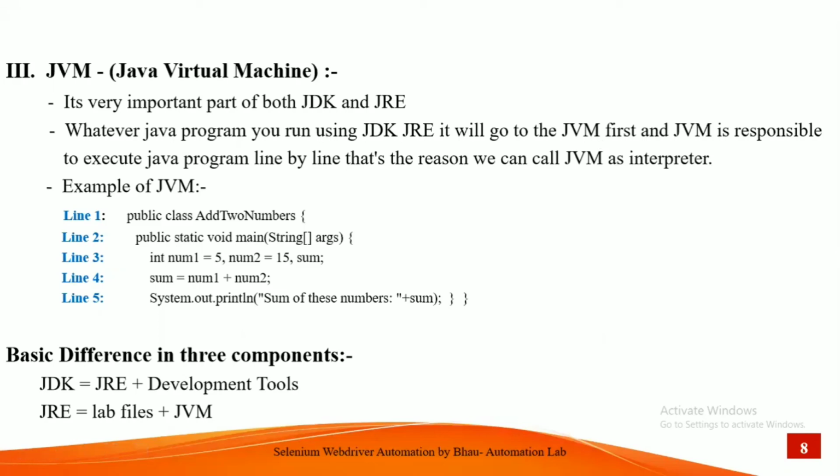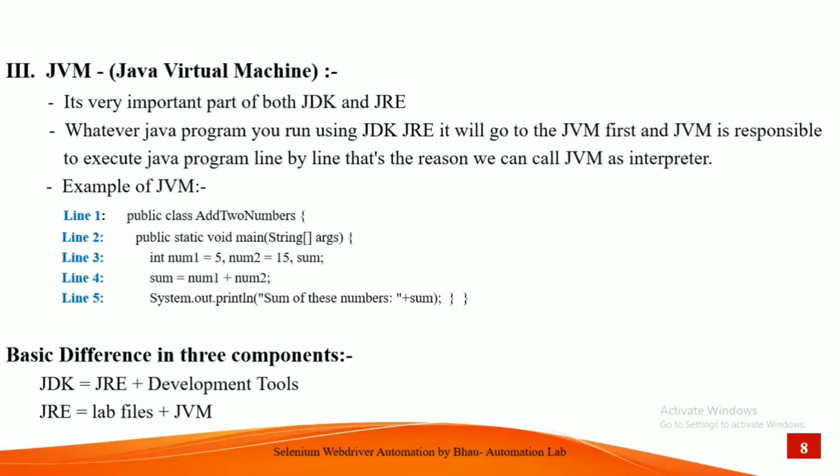The JVM is responsible for executing the Java program line by line. That's the reason we can call JVM an interpreter also. It is totally responsible for executing the Java program line by line.